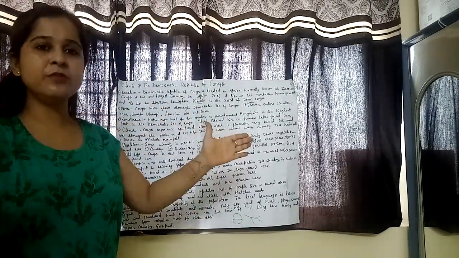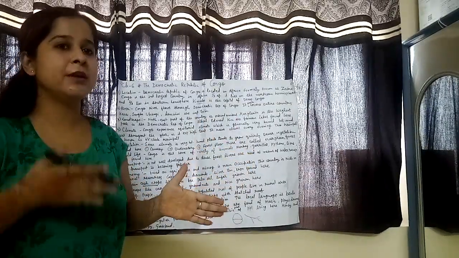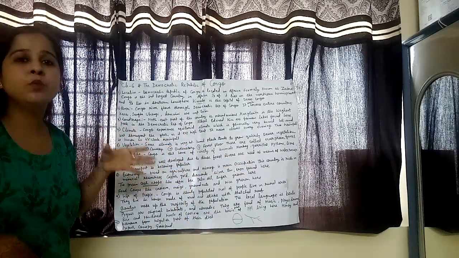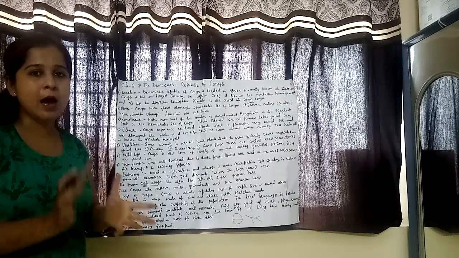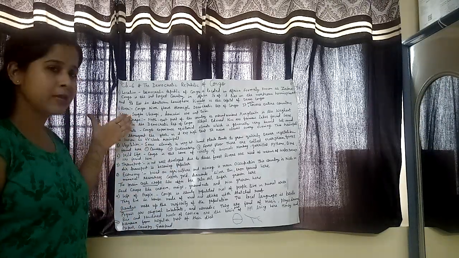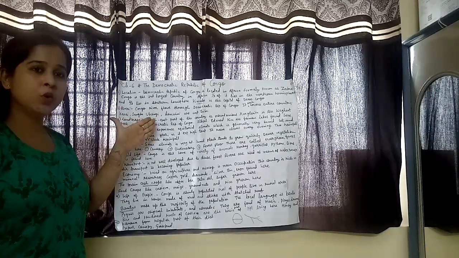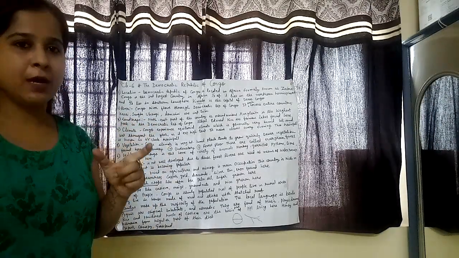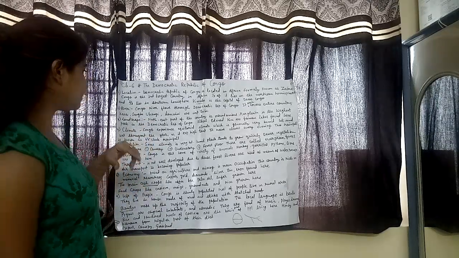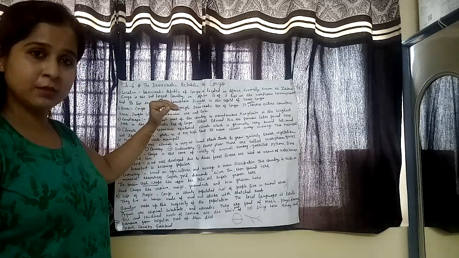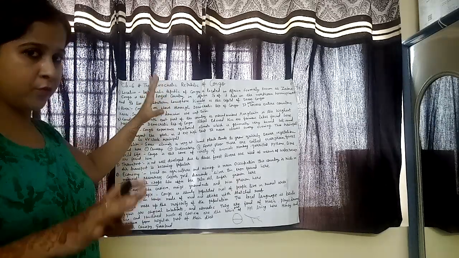When it is distributed into different branches, that is called tributaries. So if the question is asked to name some tributaries of Congo, we can write Kasai, Sangha, Ubangi, Urubini. These can be asked in your short answer questions. Fine. So this is a short brief about the rivers of Democratic Republic of Congo.